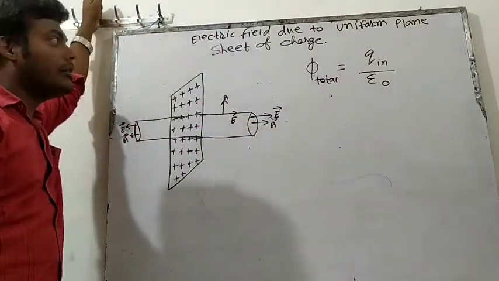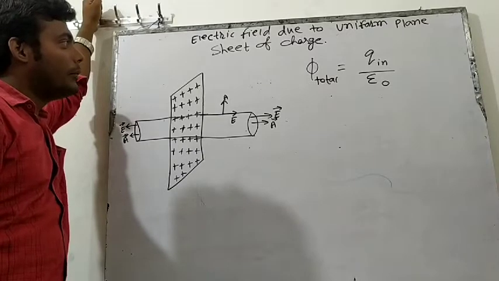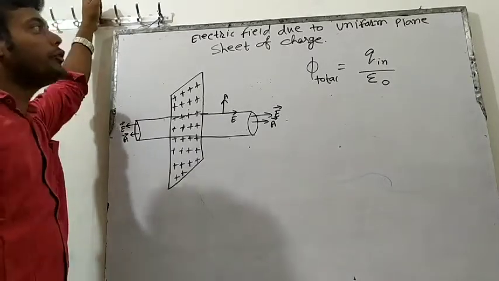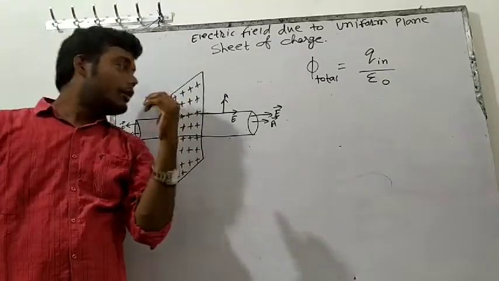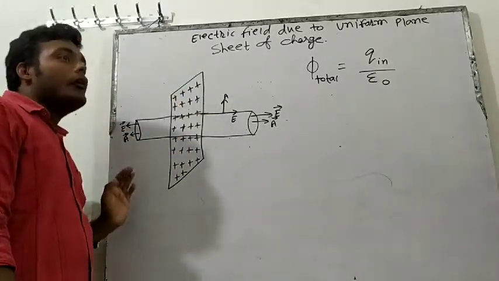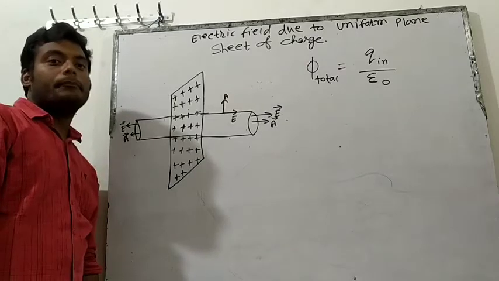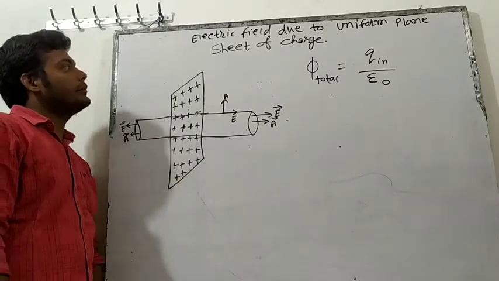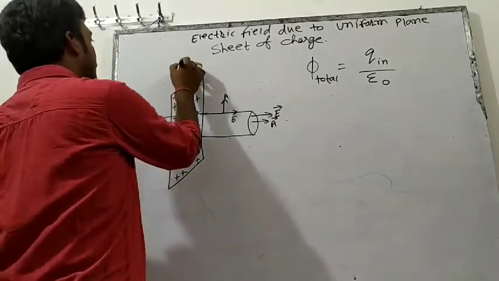Today I will take one of the important topics, that is electric field due to a uniform infinite plane sheet of charge. We want to find the electric field due to the infinite plane sheet.